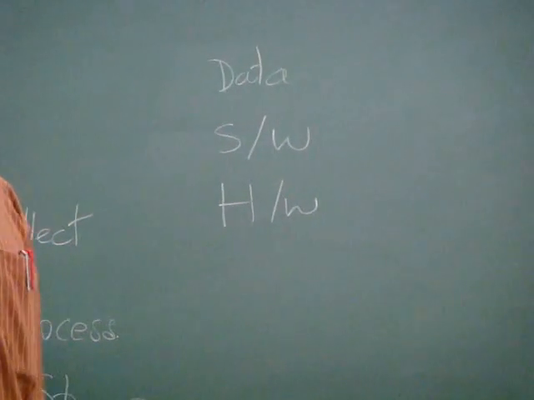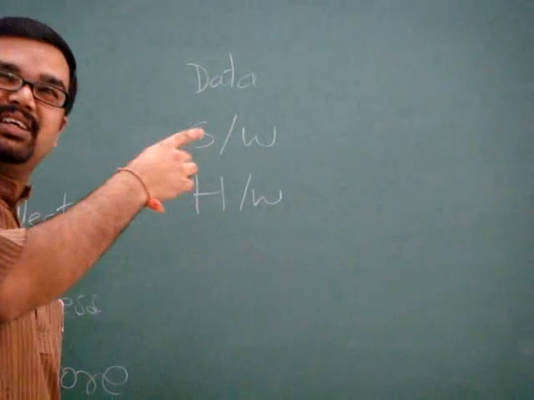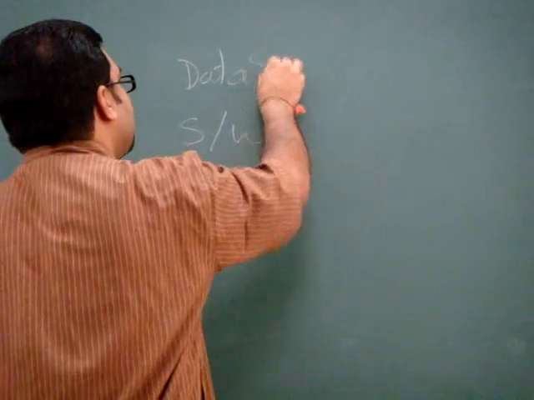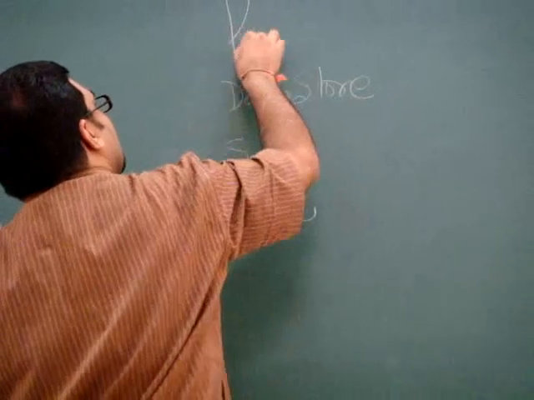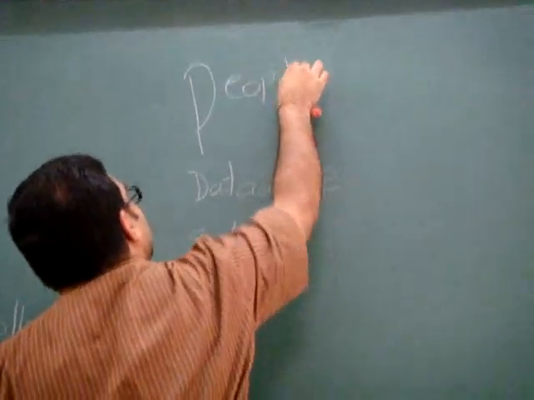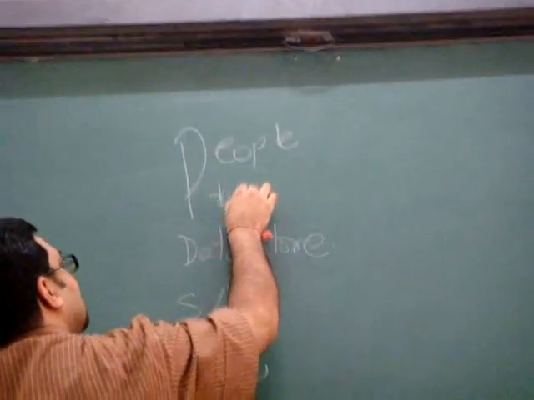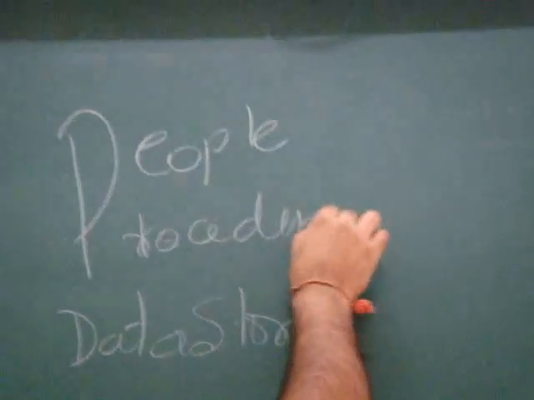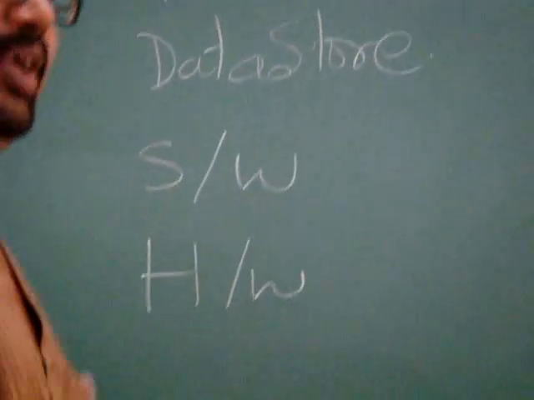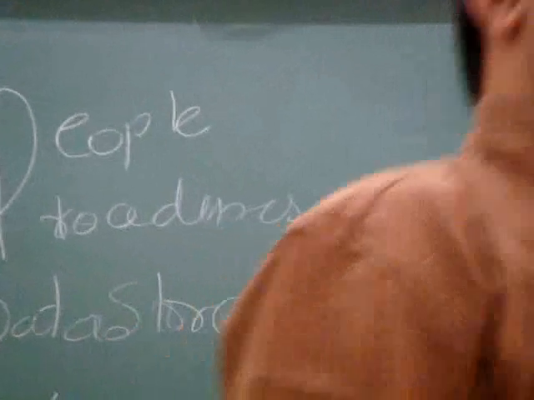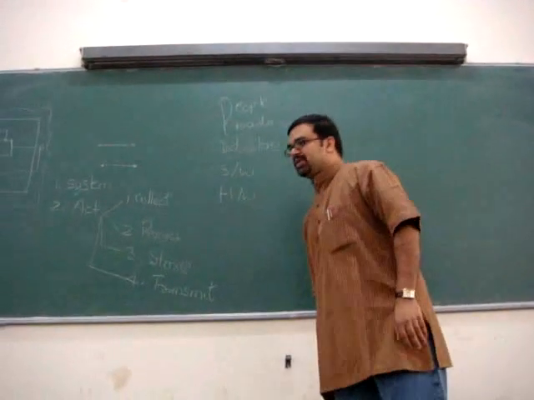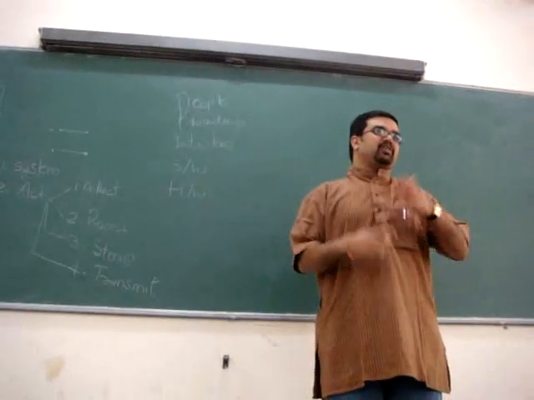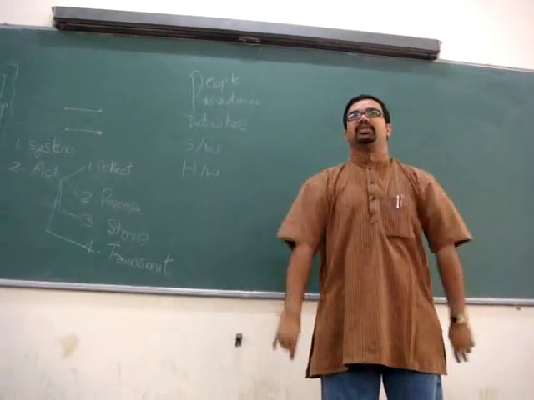Reinhard, Urban and Potter use the term database, but I am not very clear whether we should use database for it. I use data store, right? And people, procedures. You should have necessarily 5 components. We'll elaborate on this once I come to some other idea. So it should have hardware, software, data store, people and procedure.